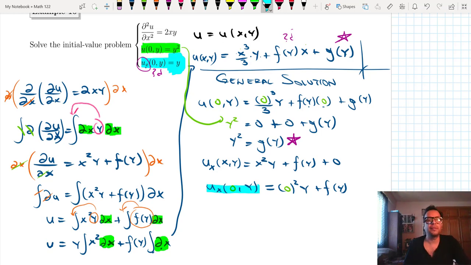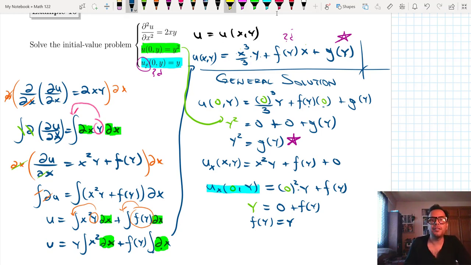So this is going to be y equals 0 squared, which is 0 times y, simply going to 0, plus f of y. This is telling us that f of y equals simply y.